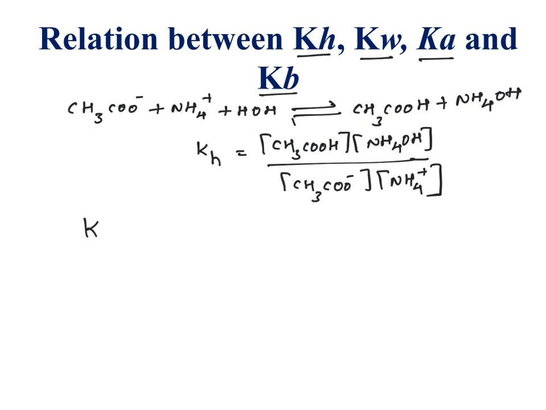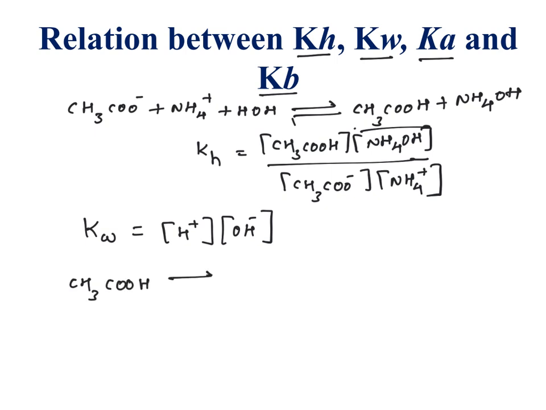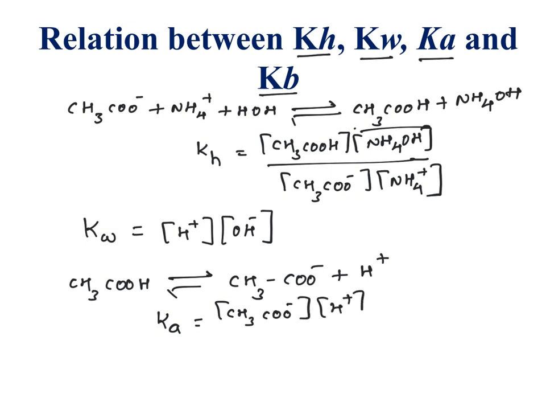And we know that the ionic product of water Kw equals H plus and OH minus. And for the acid dissociation constant, let's take acetic acid, which dissociates into CH3COO minus and H plus. So I can write acid dissociation constant Ka equal to concentration of H plus times acetate ion divided by concentration of acetic acid.